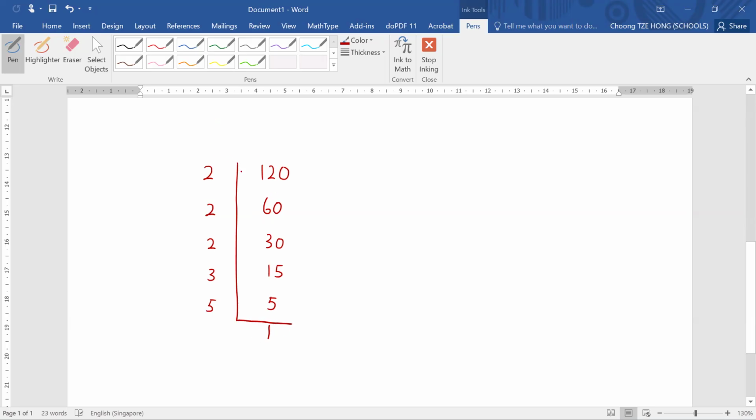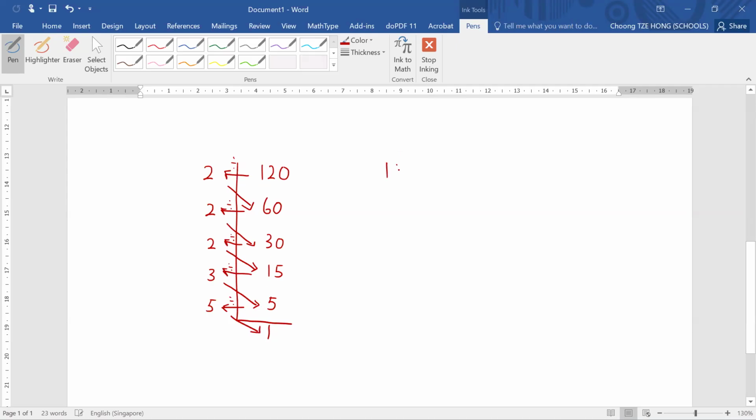Same thing, what we have done is: 120 divided by 2, we end up with 60. 60, you divide by 2, you end up with 30. 30, you divide by 2, you end up with 15. 15, you divide by 3, you end up with 5. 5, you divide by 5, you end up with 1.